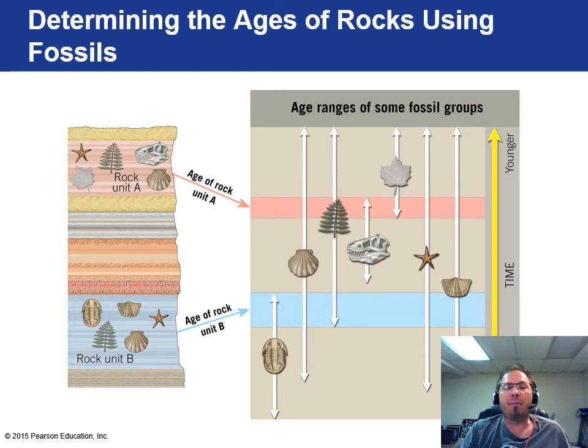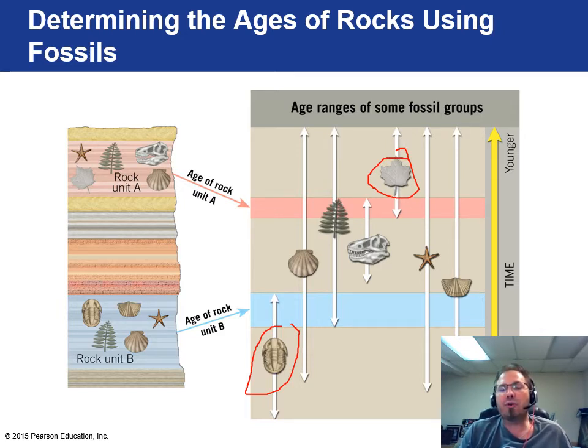So, for example, if I have a leaf here, a leaf is basically just carbon, and to preserve that doesn't take nearly as much time or effort as it would, let's say, a trilobite. A trilobite's going to be much older, and this is how they start to determine these things.